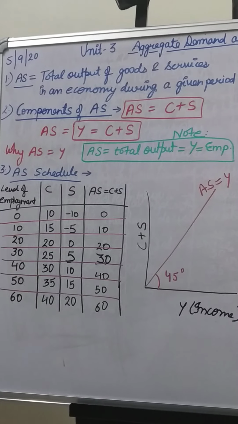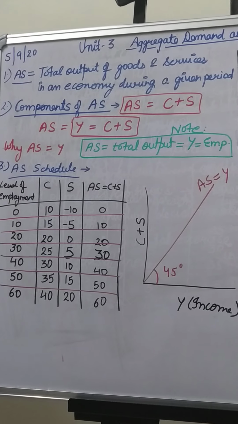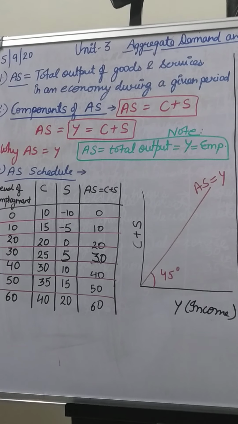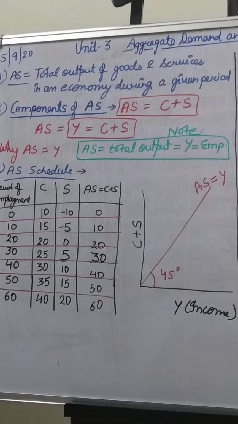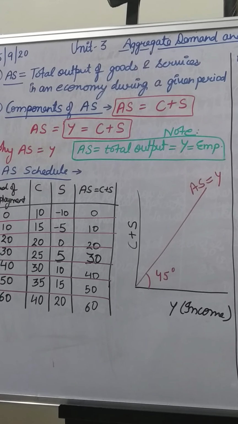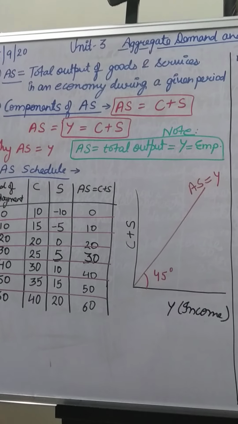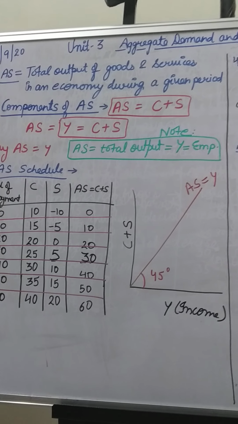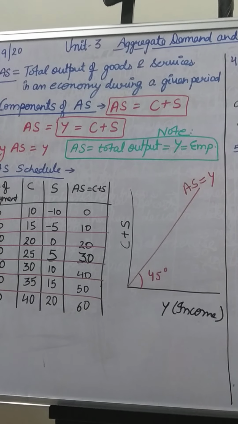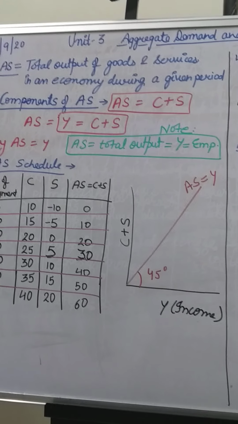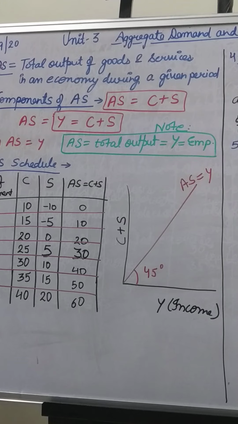Now, the reason why aggregate supply is equal to income: aggregate supply means total output, and whenever there is total output, it gives income to the factors of production. When they get the income, that means they are getting employment. According to the circular flow of income, total output is equal to income, and total income is equal to employment, and again that same expenditure goes back to the total output.